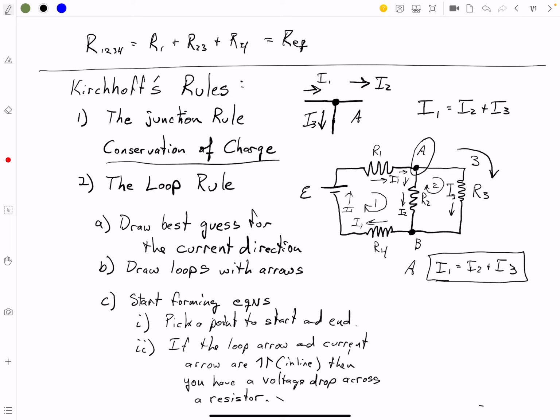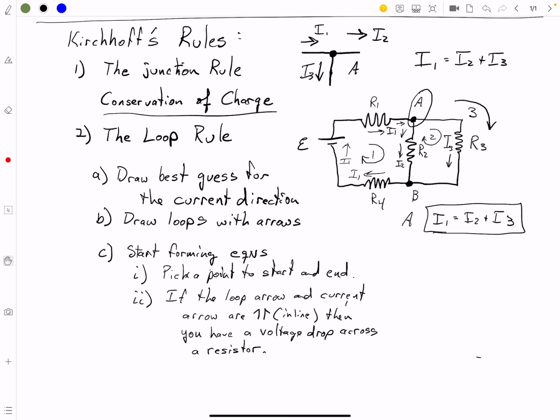All right, so let's do across the resistor. So let's do period. We're going to roll up just a little bit. And I kind of want to delete that thing there. Okay. So R2 will be our first one.